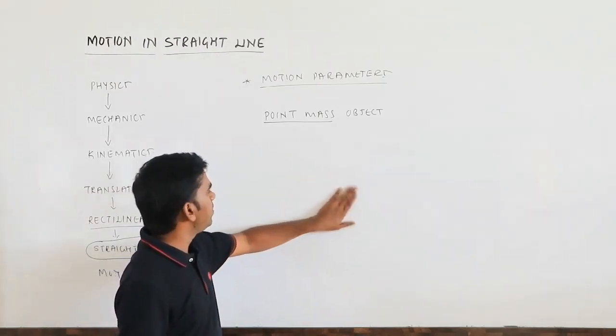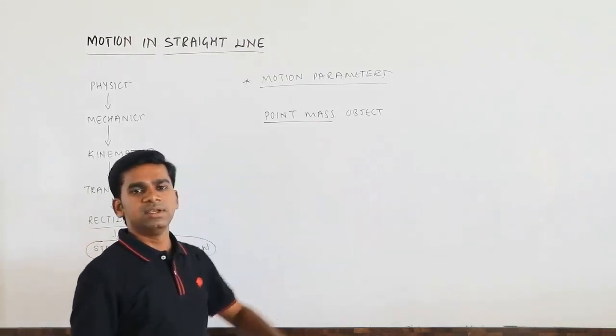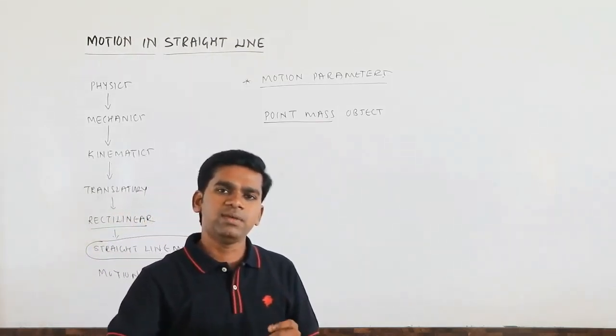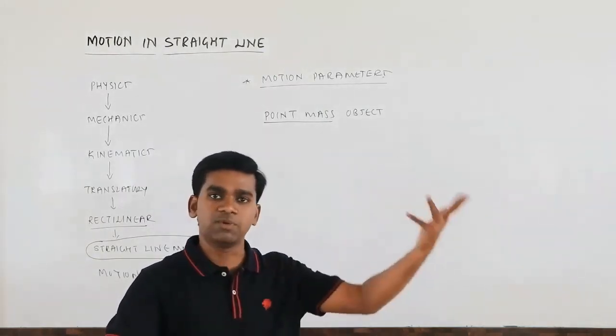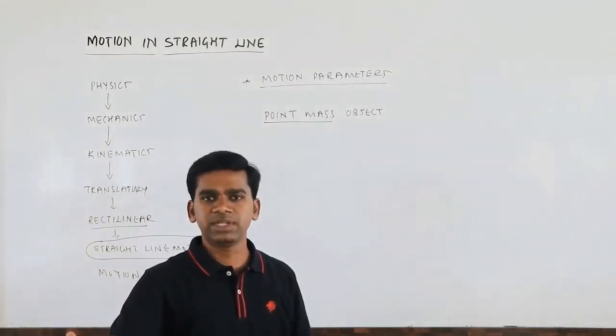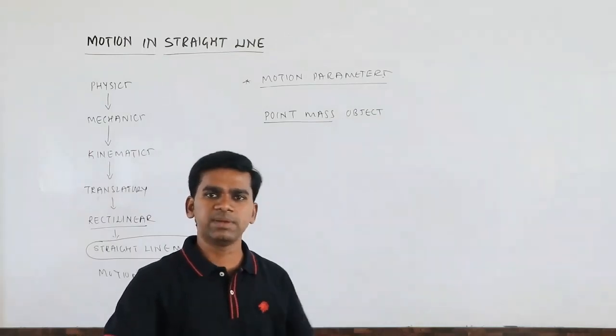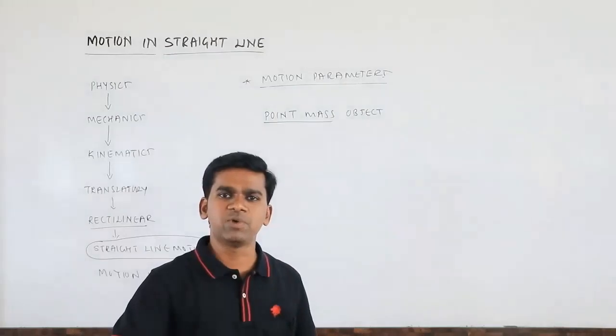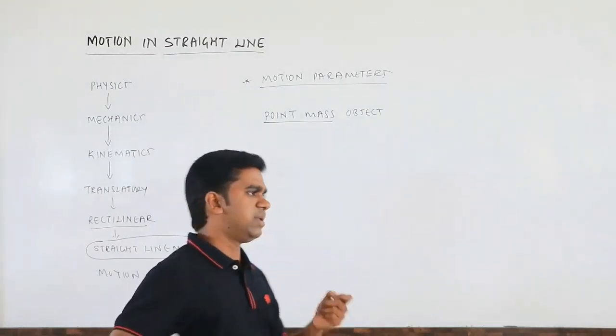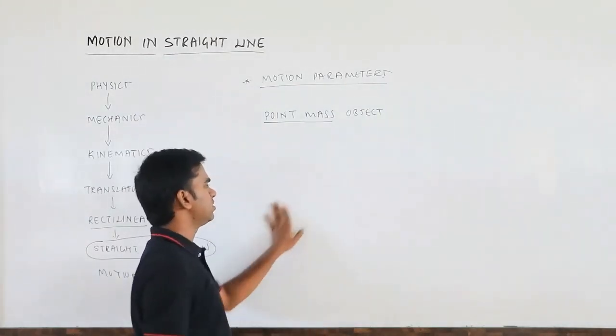So what is the exact meaning of point mass? I will tell you, a point mass may be the smallest thing. A point mass may be your vehicle also. The car may sometimes be a point mass, or a bus, or your pen, or the very small dot may be the point mass.